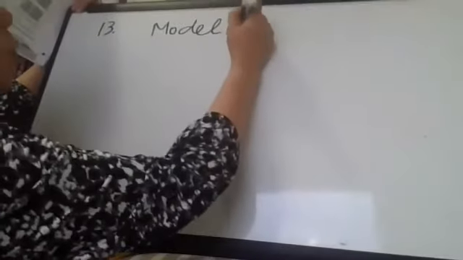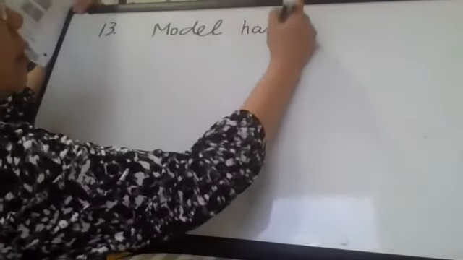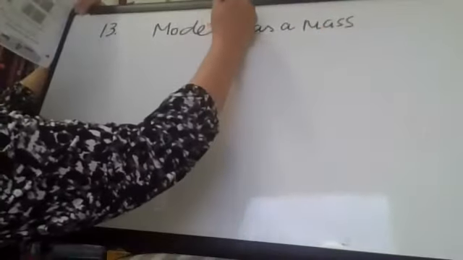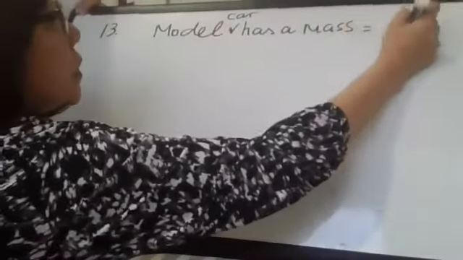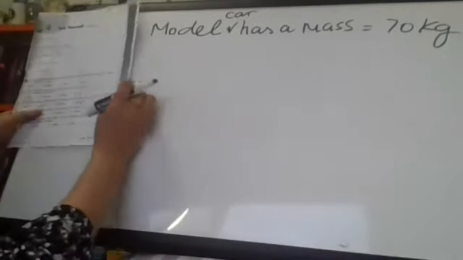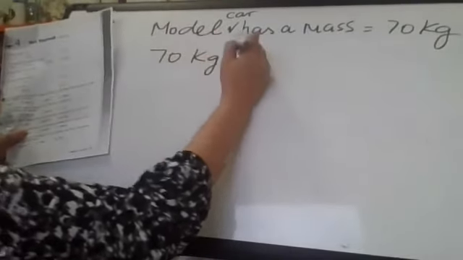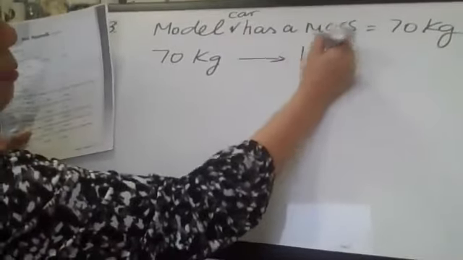right? So the model car has a mass of 70 kilograms. Write out the information, okay? And then this 70 kilograms, put the arrow, represents 10%.